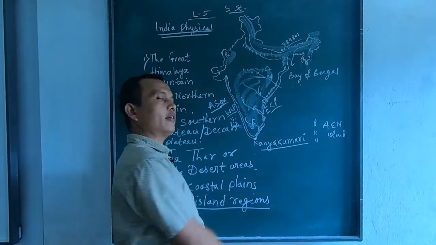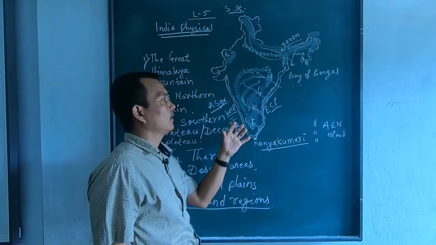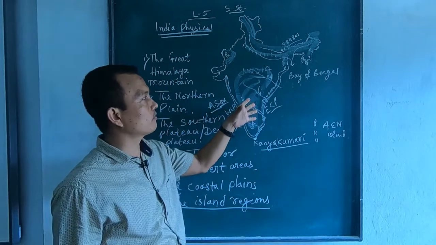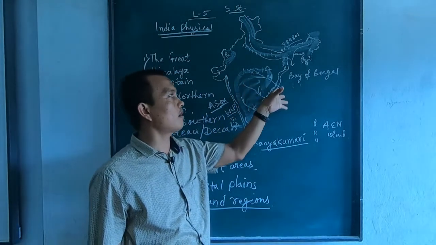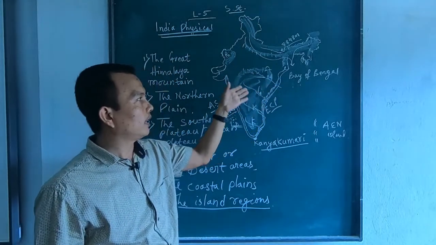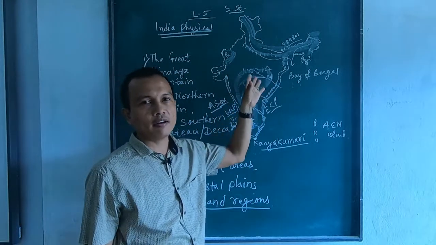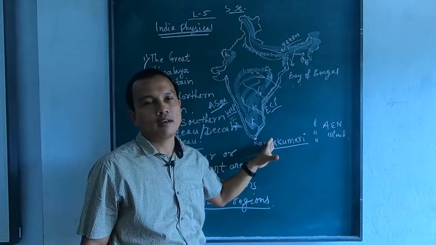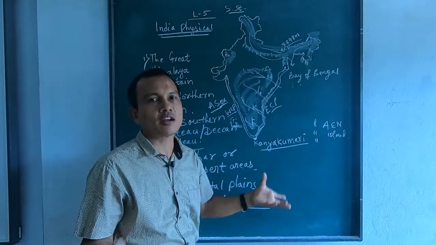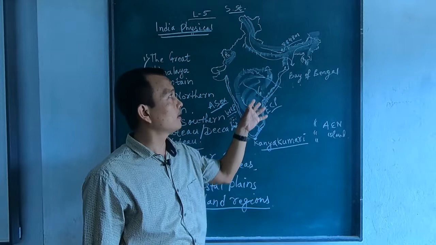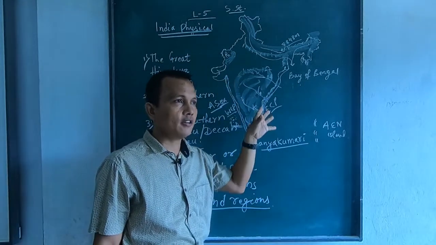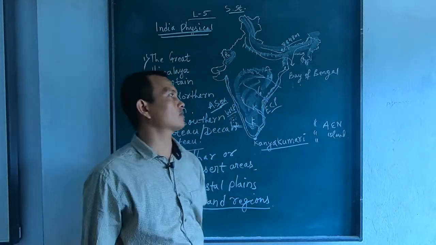Why are they called rain-fed rivers? Because during summer, when rain falls, these rivers are formed, and the flow of water remains only during summer. But when it comes to winter, they dry up. For this reason, they are called rain-fed rivers.